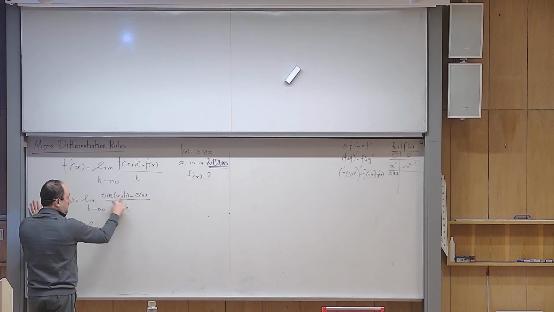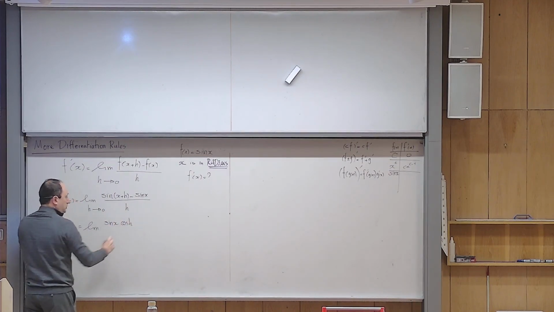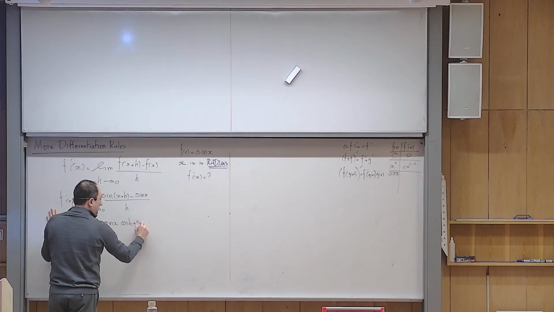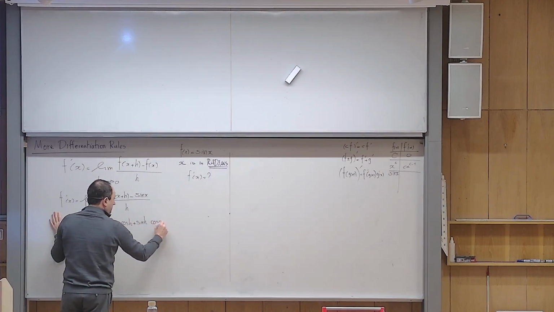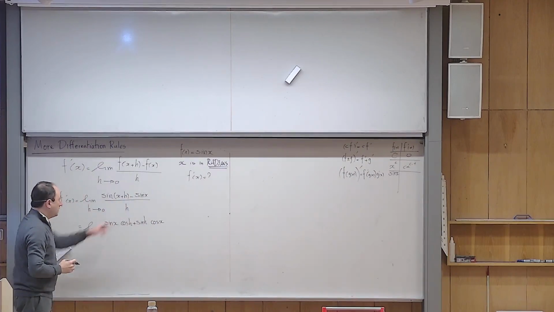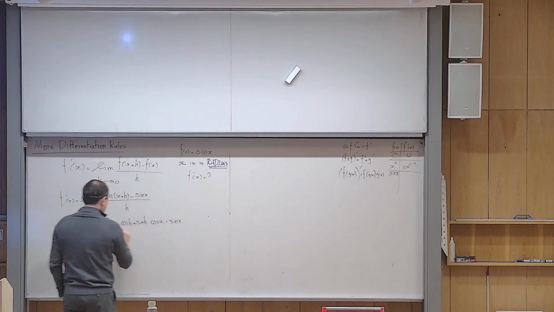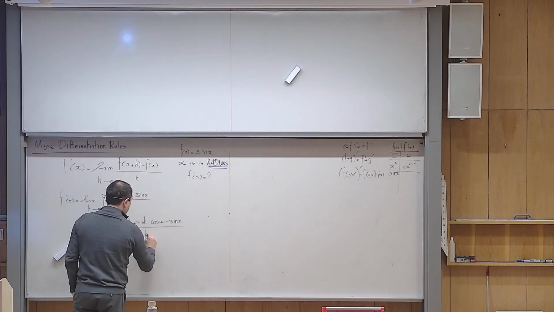Sine of the sum of two angles is the sine of the first one multiplied by the cosine of the second one plus the other way around, sine of the second one multiplied by the cosine of the first one. So what you see here that I have written is just the expansion of that using the addition formula for sine. And then I have minus sine x coming after that, and then divided by h, as h goes to 0.